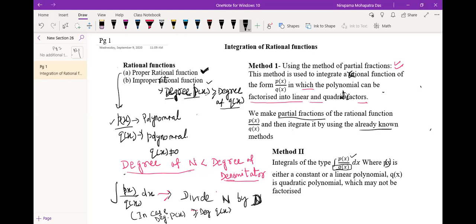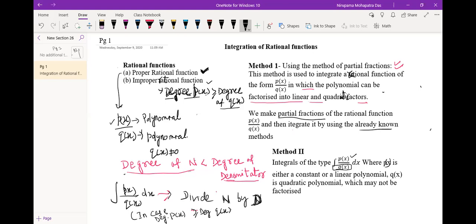The second method is for when q(x) may not be factorized, that is, it cannot be expressed as a product of two or more factors.